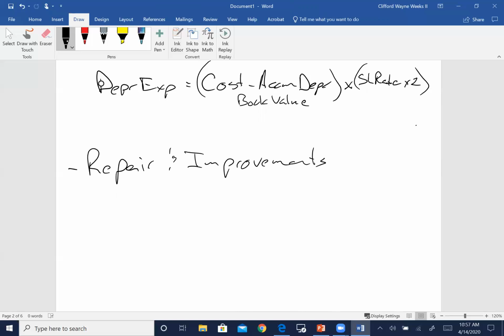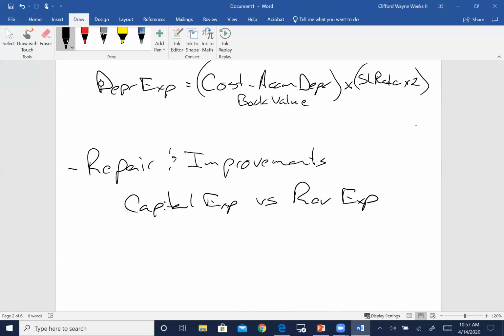Okay, but basically, we need to differentiate, right, between a capital expenditure versus, okay, a revenue expenditure. Okay.